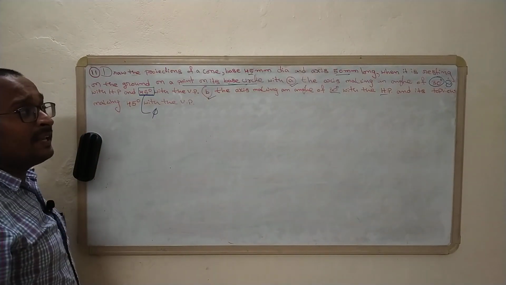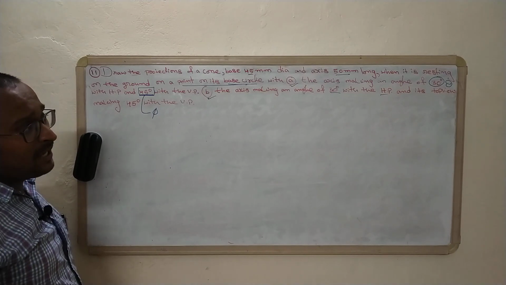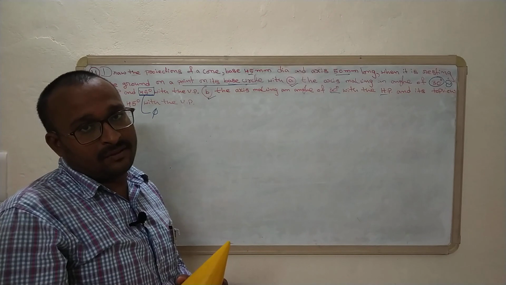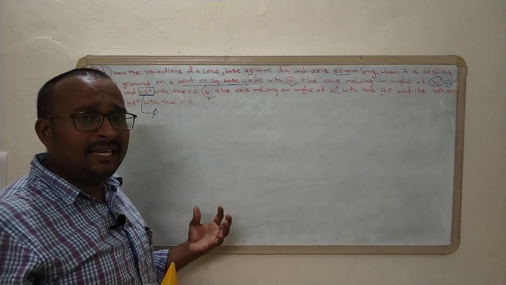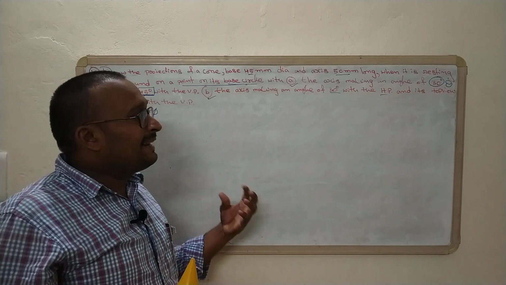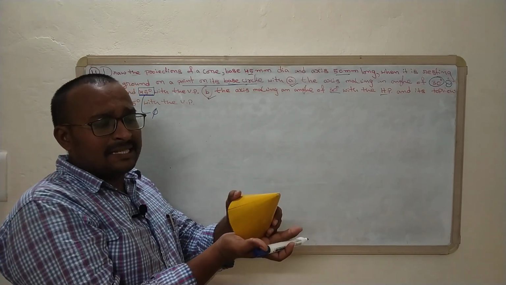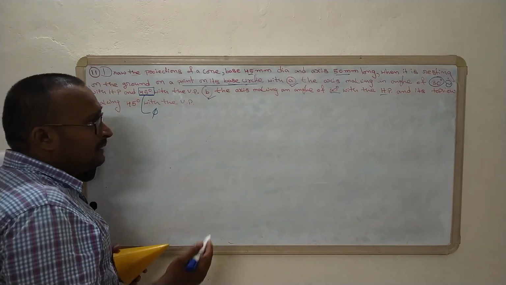So these two are the true inclinations of the axis: theta and phi are given. So here the axis is inclined to both the planes, so definitely we must solve the problem like a line inclined to both the planes. For example, if the line is inclined to both the planes, there may be some other distances.